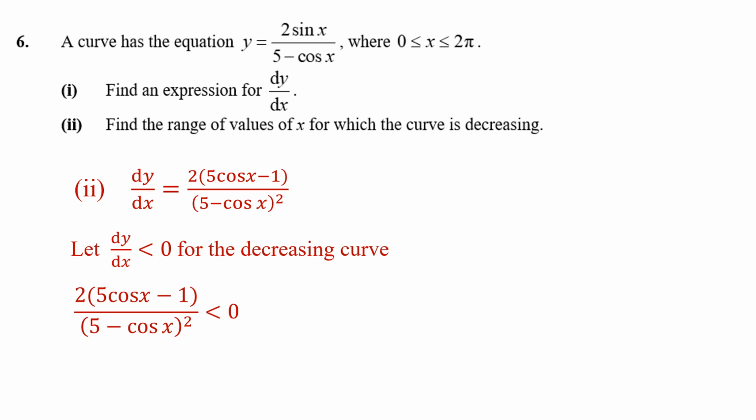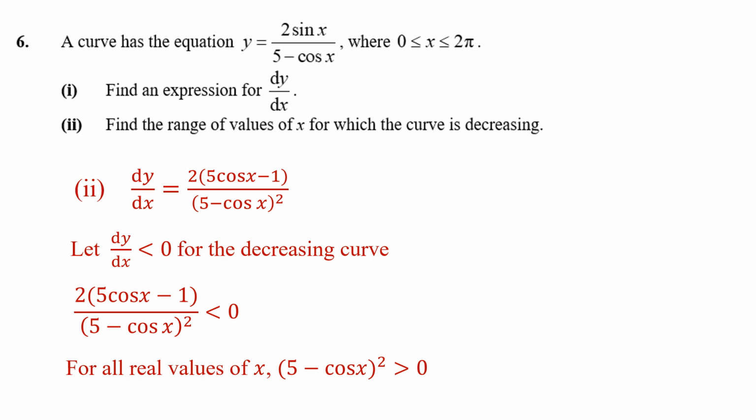So how do you go about solving this inequality? You cannot cross multiply, because this is an inequality. There's no such thing as cross multiply, okay, please. So for an inequality, what do we do? Just look at the denominator. For all real values of x, the denominator is a positive value.